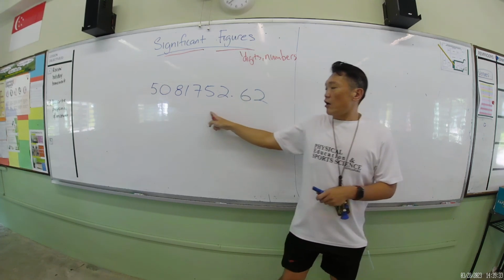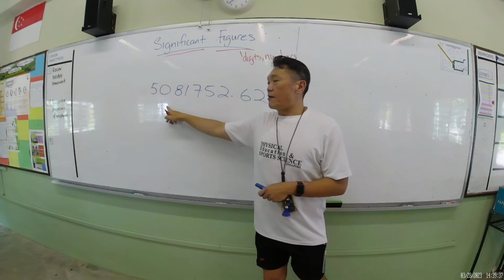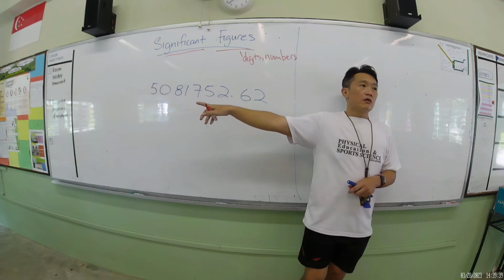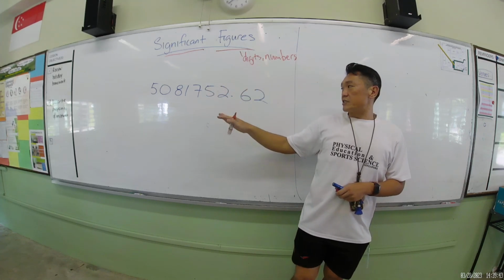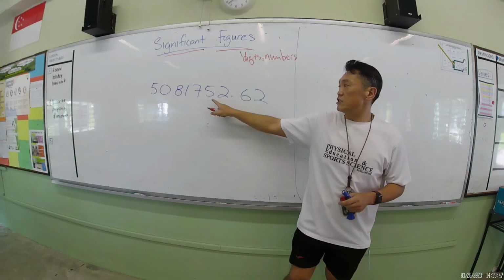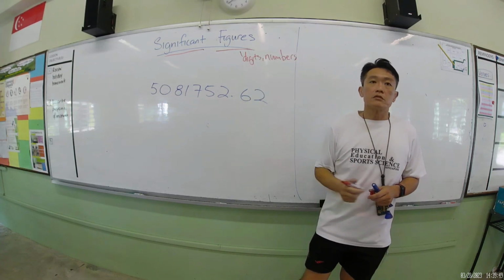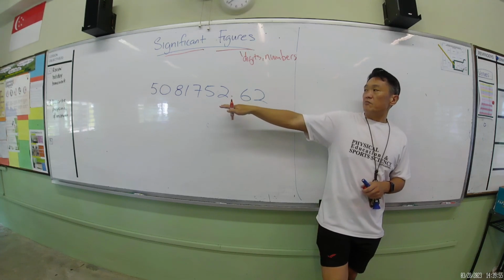In this string of digits, which one is the most important? Which one is the most telling of this value? Which of these digits? Aaron, which of the digits is the most telling?